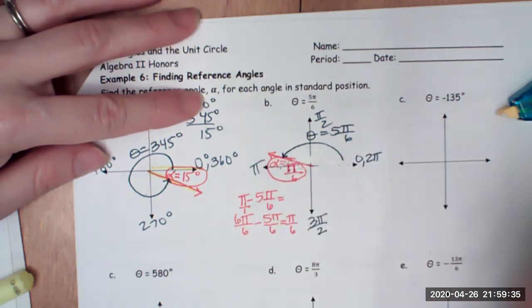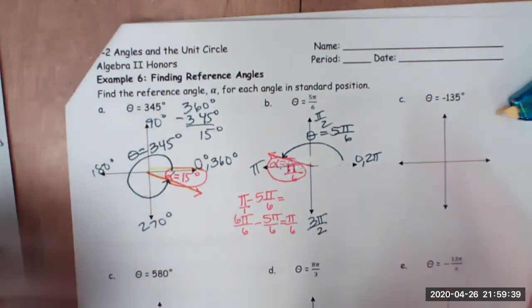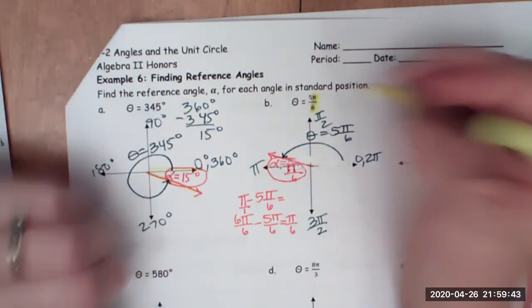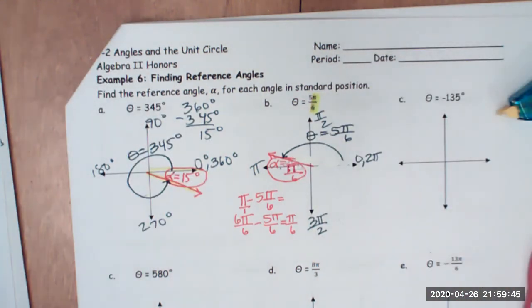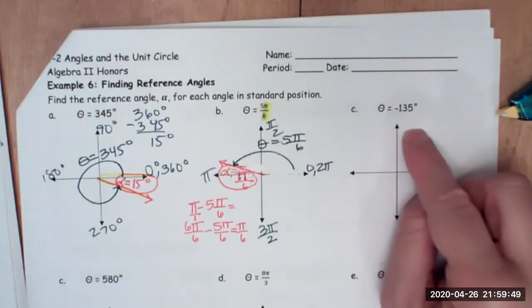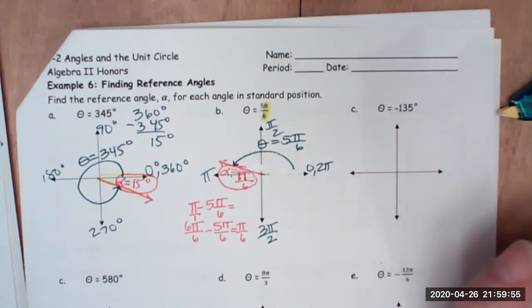Now I want you to notice something here. If this is 5 pi over 6, the reference angle turned out to be pi over 6. Let's just notice that for the moment. All right, now let's look at theta equals negative 135. As usual, if you want, pause, work ahead, see if you can figure out what the reference angle is, and then check it.